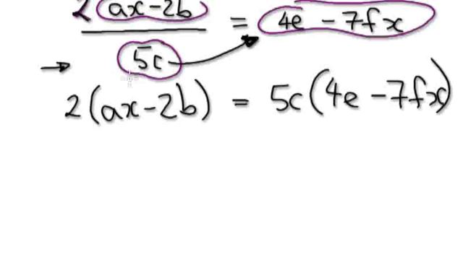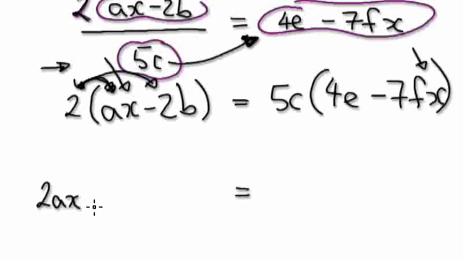Now you're trying to make x a subject here. x is here and x is also here. So now we've got brackets, so let's break up the brackets. This multiplied by this will be 2ax, and then minus, now this times this, that will be 4b.